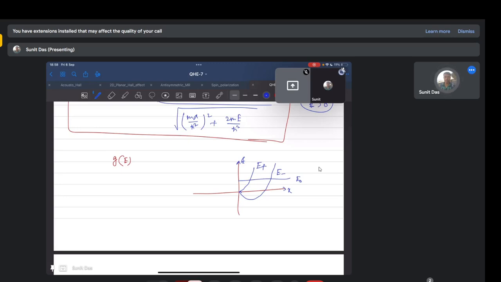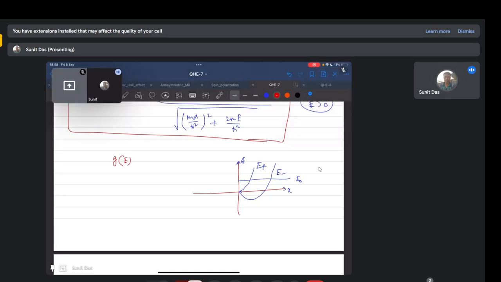Now the point is, whenever we are evaluating the roots of the delta function, you are essentially finding the k points where E plus is exactly equal to E0, and for this case we will have this point, and for E minus we'll have this point, right?